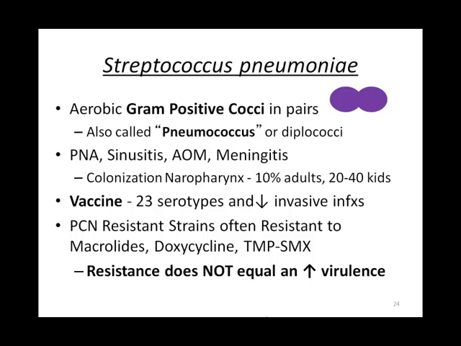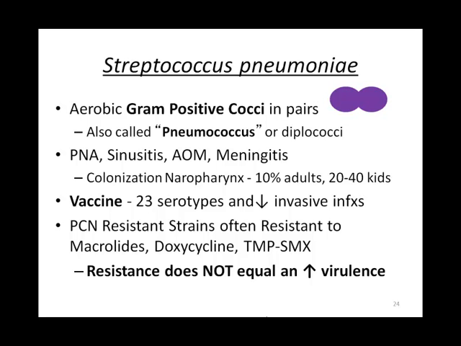Whenever it's just two cocci, they carry this ending of coccus with their species name as the prefix. So pneumococcus is an example, meningococcus is an example for Neisseria meningitidis, and gonococcus is an example for Neisseria gonorrhea that causes the infection gonorrhea.